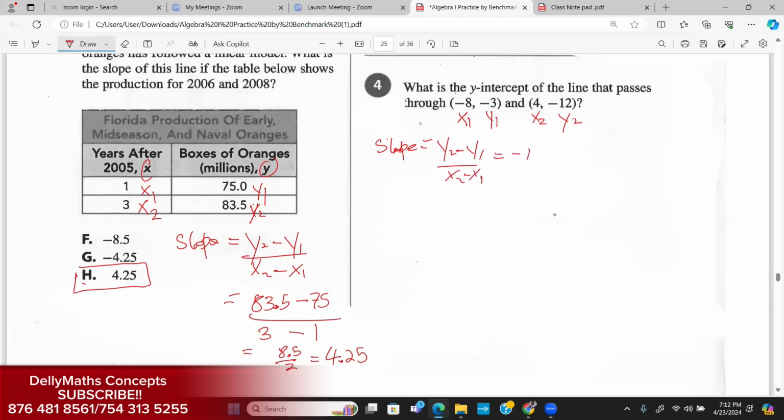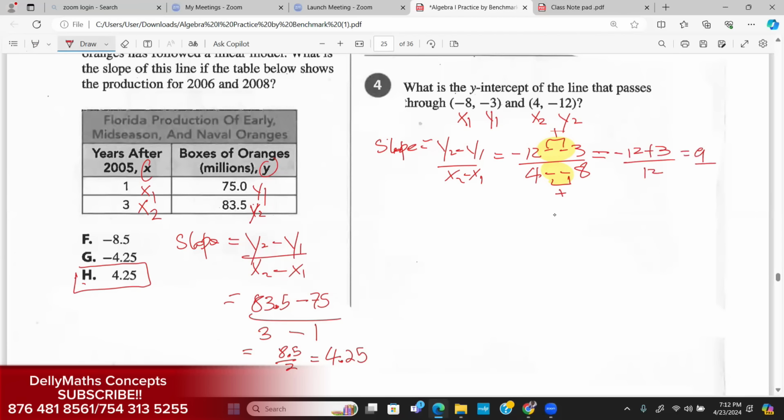And this is going to give me -12 minus -3 over 4 minus -8. Now, remember that when two negatives clash, like here and here, they become positive. So this will be a plus, and this will be a plus. So technically, I'm looking at -12 plus 3 over 12.